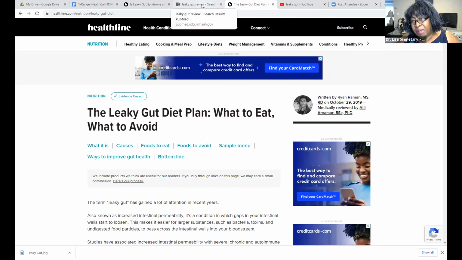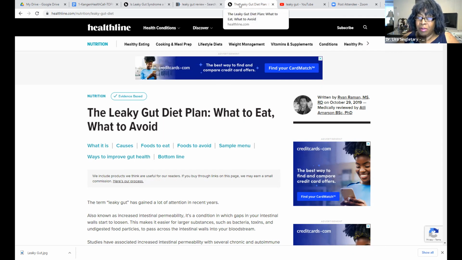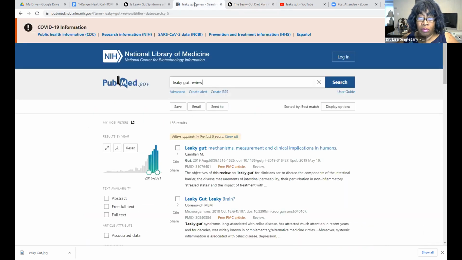I wanted to go to PubMed.gov because we like not just popular articles, although Healthline is medically reviewed, but journals. I went to PubMed.gov, and in the search bar, I typed in leaky gut, but I also typed in the word review.